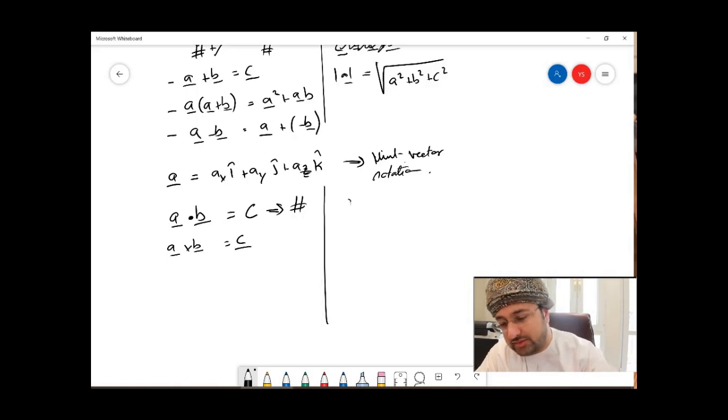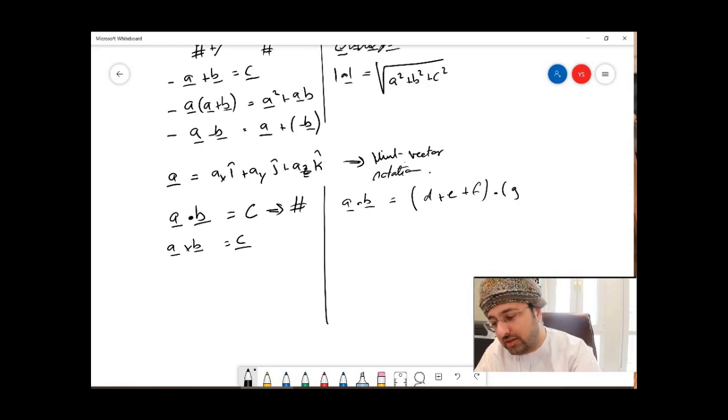Well, we said A dot B would be, using the letters D plus E plus F dot L plus M plus N. We said this would be DL plus EM plus FN, and this would be just a number.